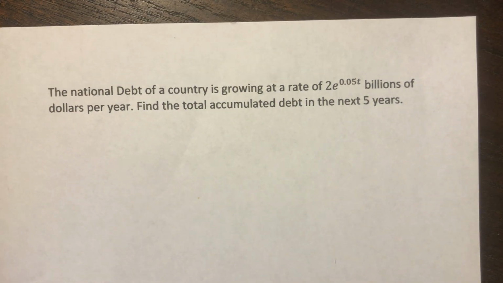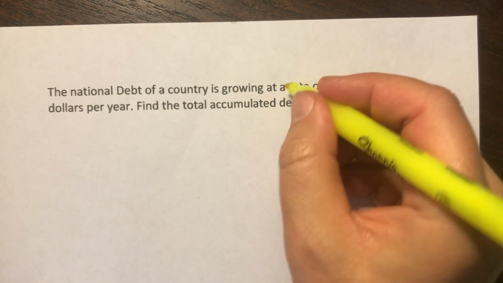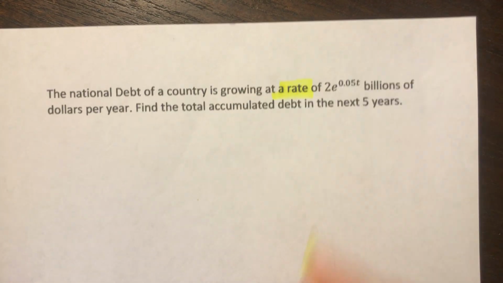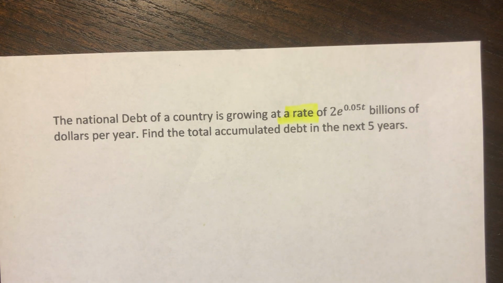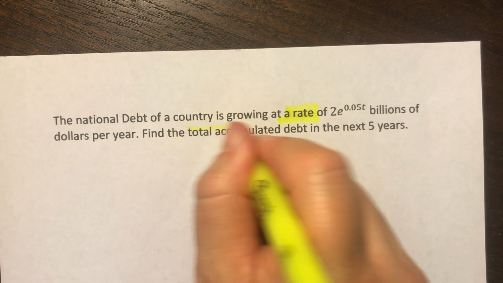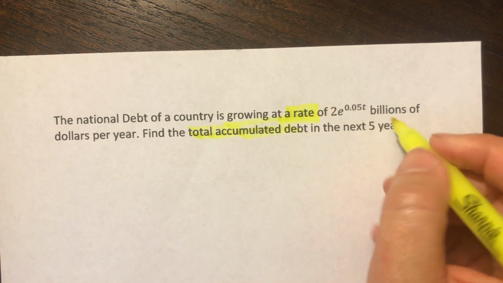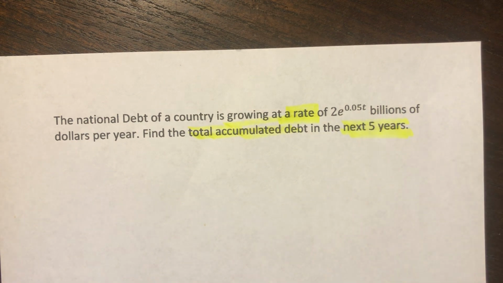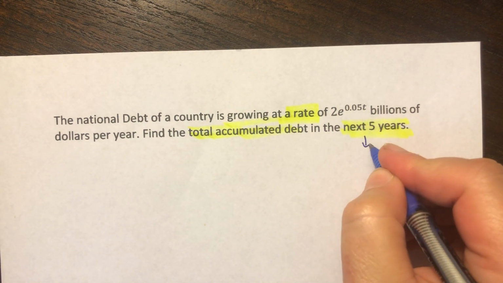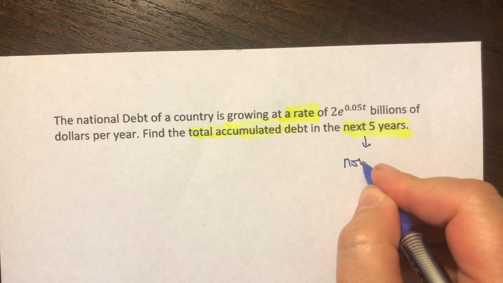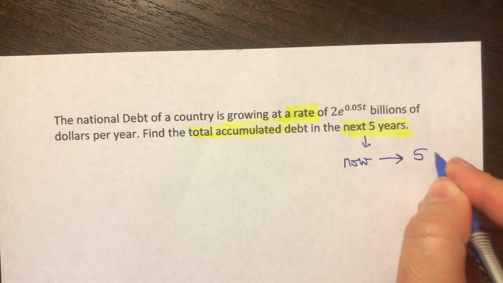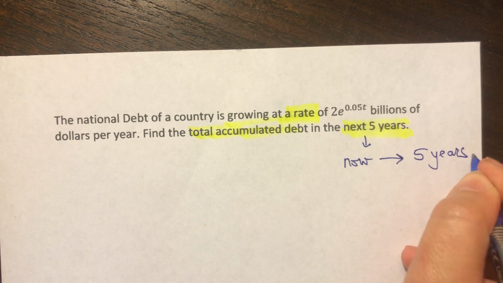Okay, national debt of a country is growing at a rate of, so again, there is your derivative. Find the total accumulated debt in the next 5 years. So what does it mean in the next 5 years? From now until 5 years from now. Now means what year?